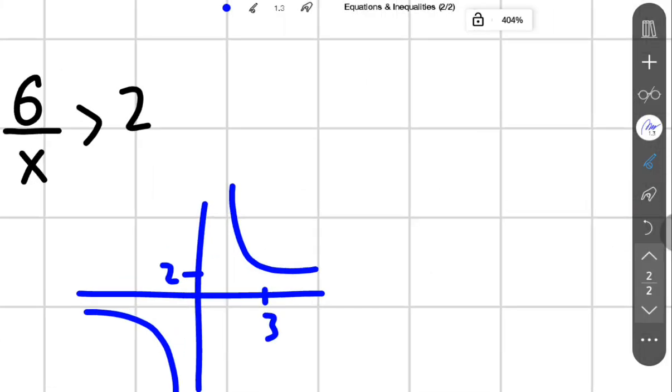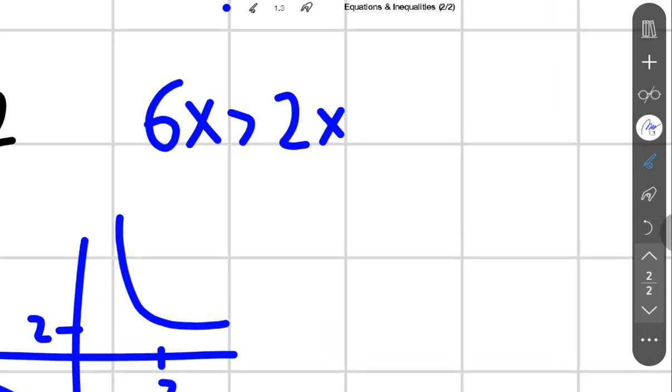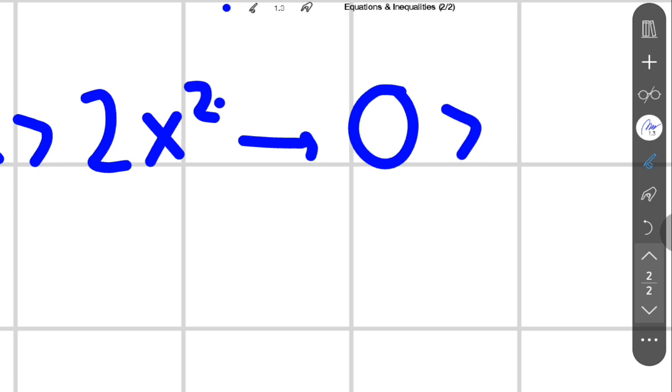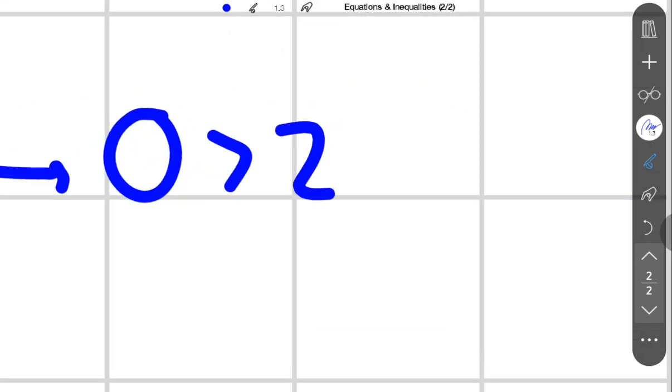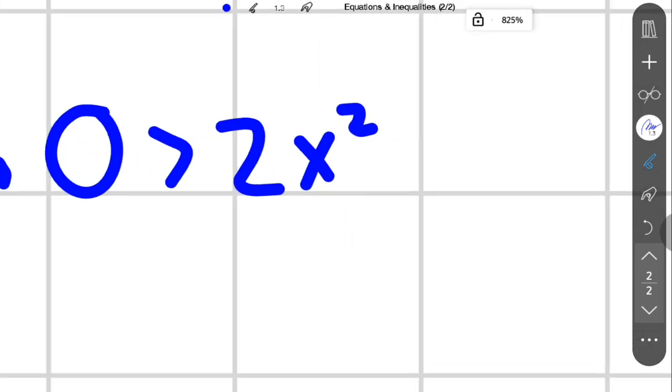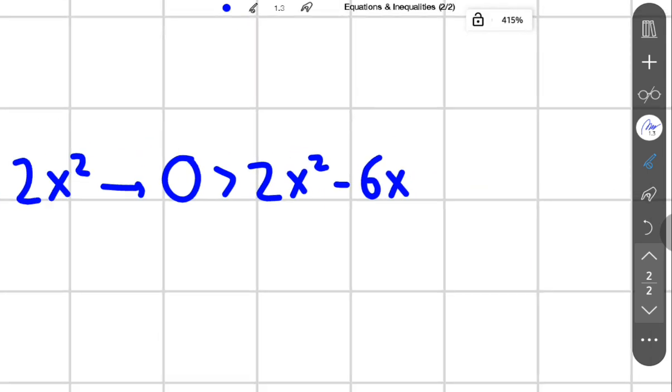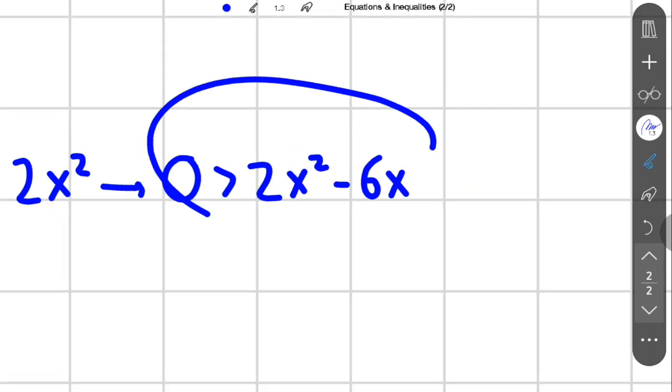So it'll be left with 6x is greater than 2x squared, and now you'll be left with 0 being greater than 2x squared minus 6x. And you can just basically draw this graph instead, and you'll find the actual answers from there as well.